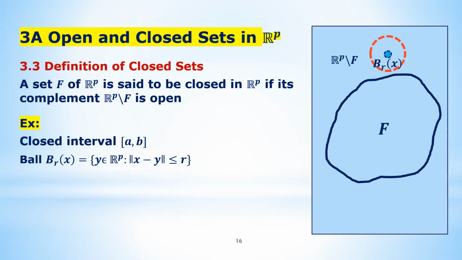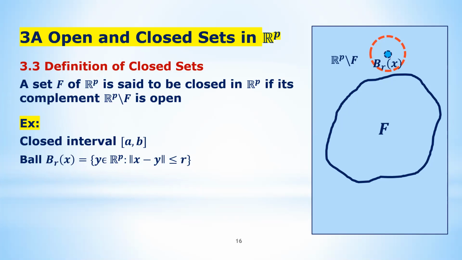Now, one thing you can see clearly is that a closed set always contains its boundary. Why? Because you look at the outside. The complement shares the same boundary as the set itself. Outside and inside, they share the same boundary, right? Now, if the outside is open, the outside is not going to carry any boundary point.